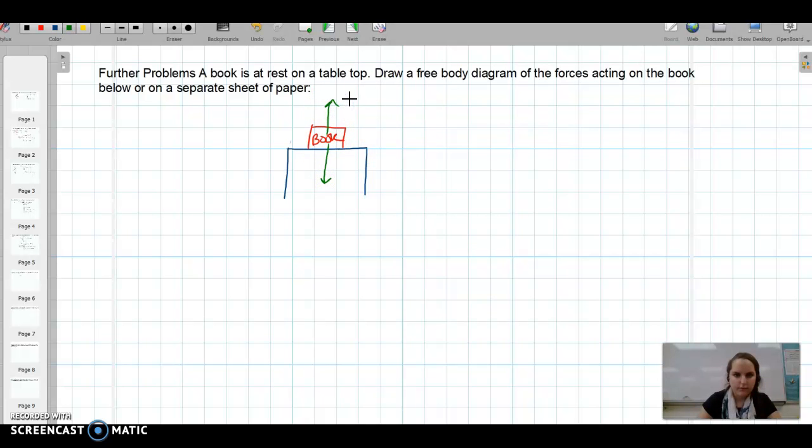So it's that support force and the weight of the book. So let's draw an FBD for it using our object on object notation. We have the force of the table on book and the force of gravity on book.